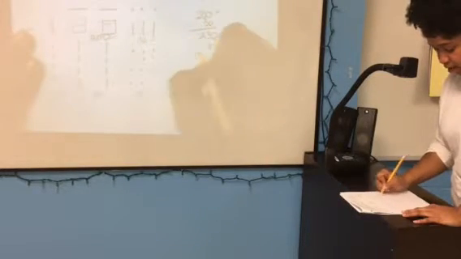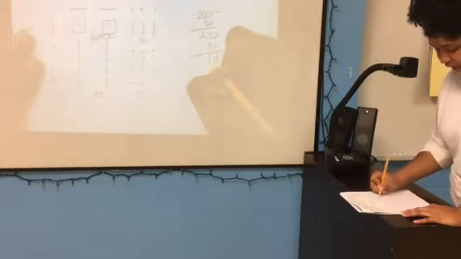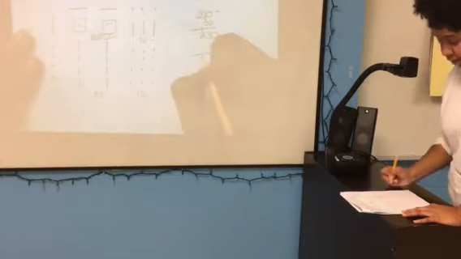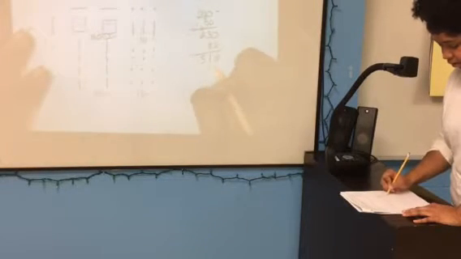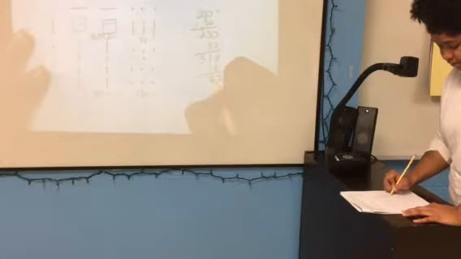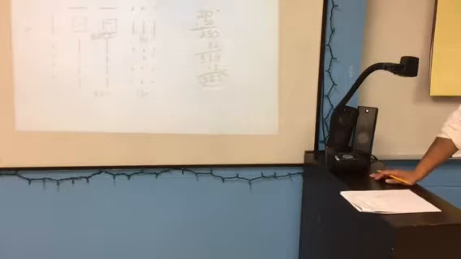Plus 80 gives me 8, 9, 10, 11. 1, carry my 100, sorry, that gives me a 300 in that column. And now I'm going to use my 12. 0 plus 2 is 2. 10 plus 10 is 20. And I leave the 3 there. And so I get 322 as my total.